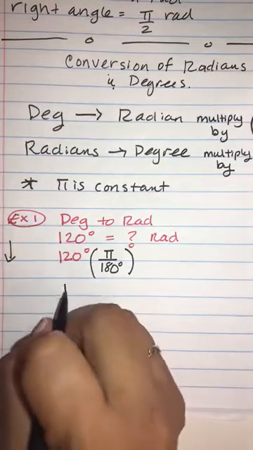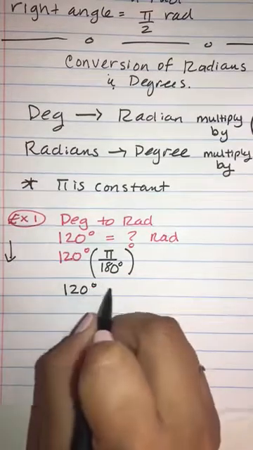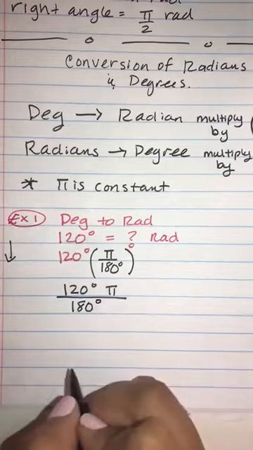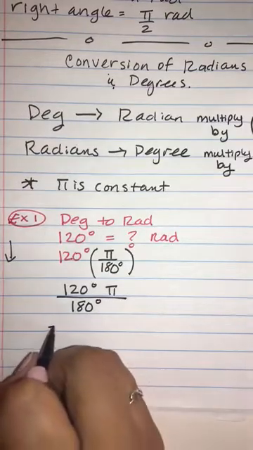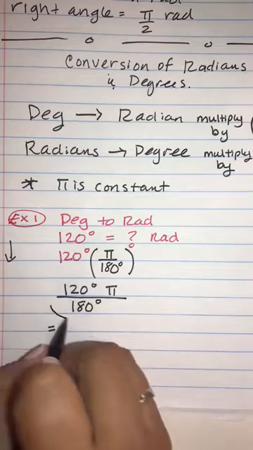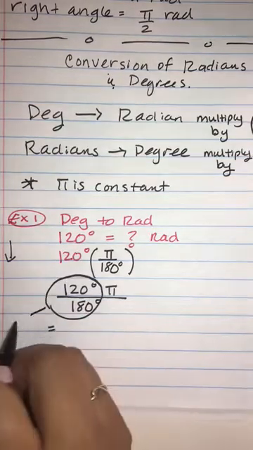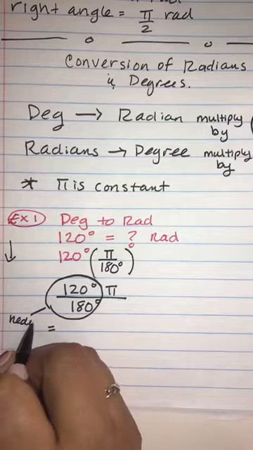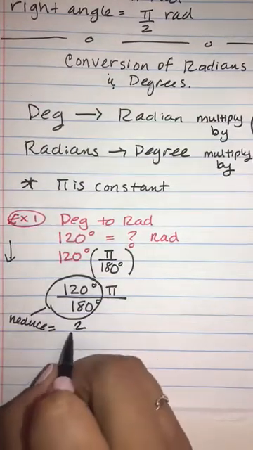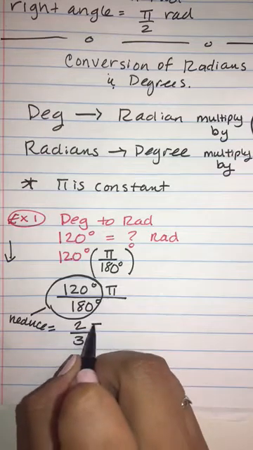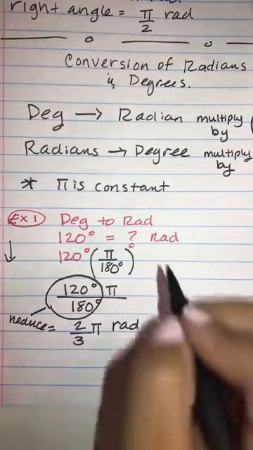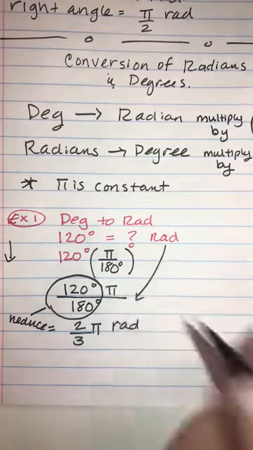So I say 120 degrees times pi divided by 180 degrees. I'm going to simplify. So right here, you're going to reduce, and you're going to say 2/3 pi radians. So you're bringing this unit down.